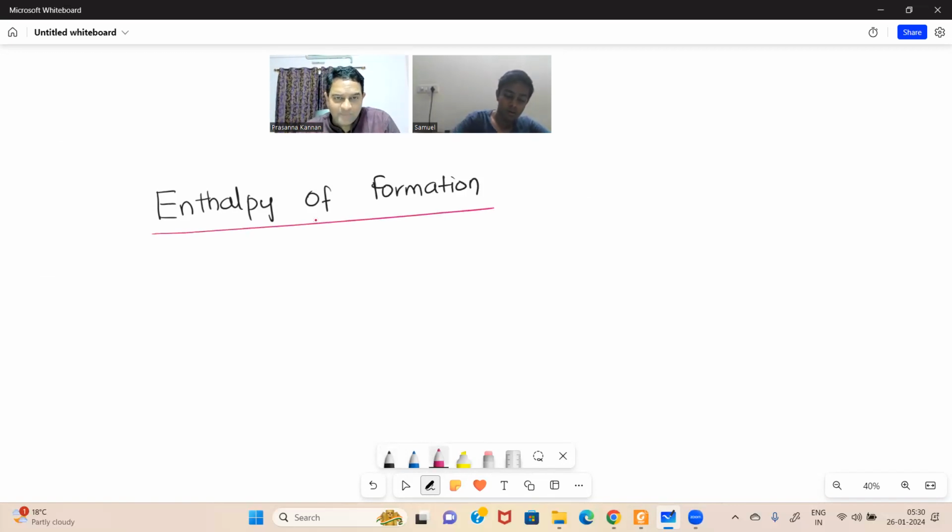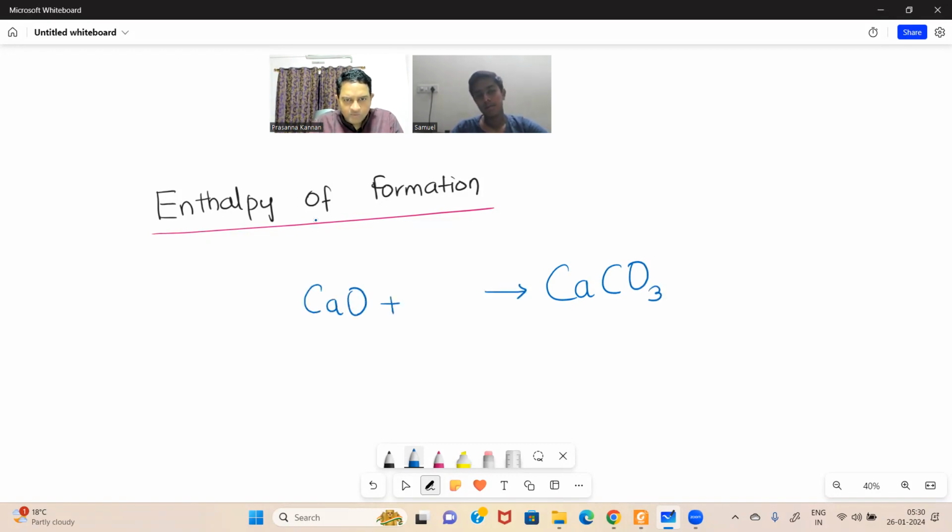enthalpy of formation. Enthalpy always means heat change. For example, let's say enthalpy of formation of a compound, let's say calcium carbonate. Whenever I use the word enthalpy of formation, the actual method of preparation might be to heat calcium oxide with carbon dioxide.